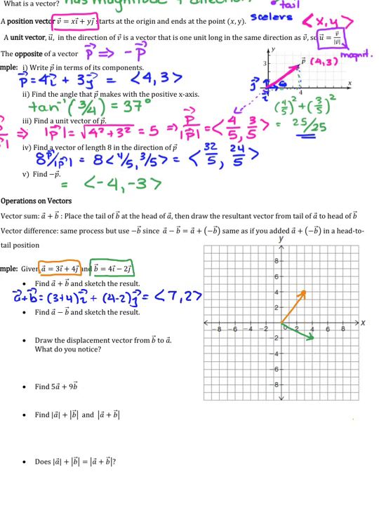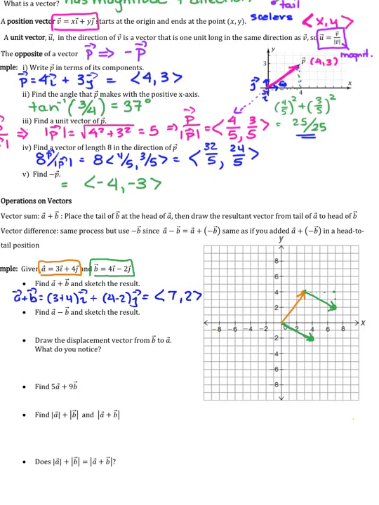So A ended, I went out 3, I went up 4. B says go out 4, so I do it from where A ended at its head. And so now I'm going to go 1, 2, 3, 4, and down 2. So basically what I have done is I've taken my vector B and I've translated it.